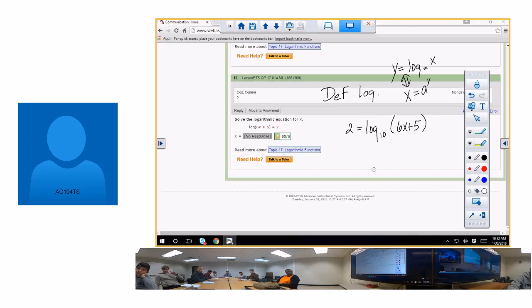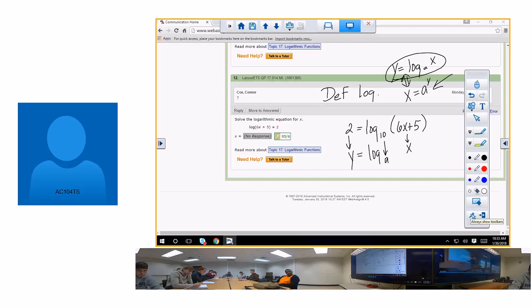Now, y is equal to log base a of x, so y is equal to 2, a is equal to 10, and x is equal to 6x plus 5. So if this is written like this, what are we going to write it as? We're going to write it as that.